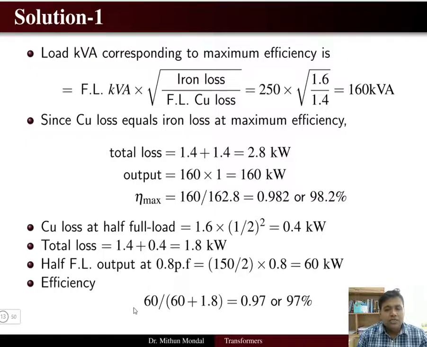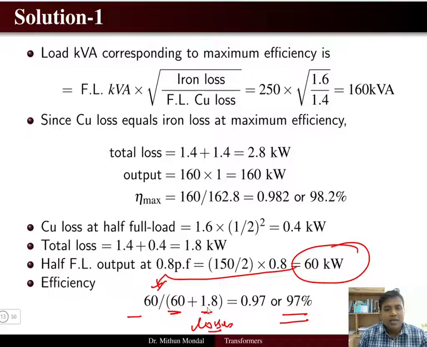The efficiency of the machine we can now obtain as the power output divided by the power input, where the power input is the power output plus the losses. So 60 kilowatt is the power output, and the total losses are 1.8 kilowatt, which gives the efficiency as 97%.